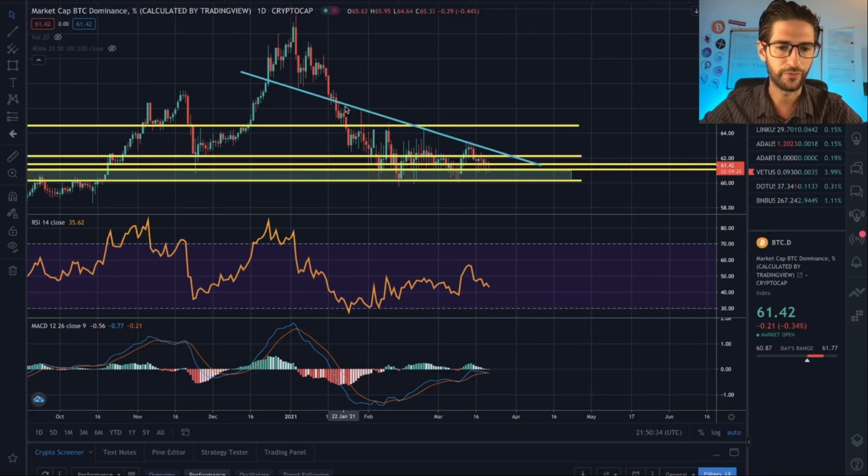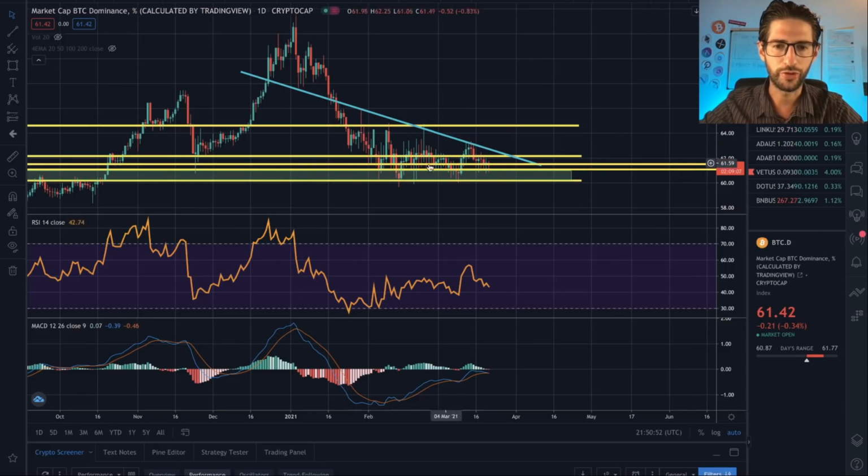And from the end of January until now, we have been chopping around this channel. I marked this trend line because we fall here as support, we have more support here, and then we have this trend line as resistance multiple times, like you can see here.